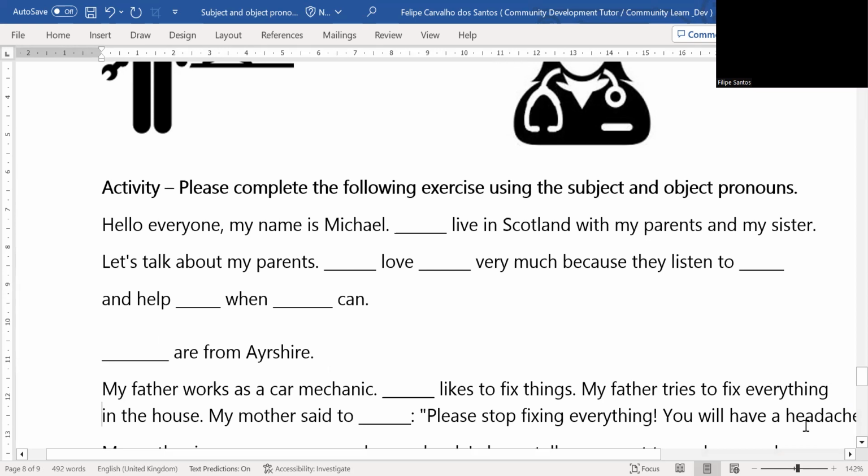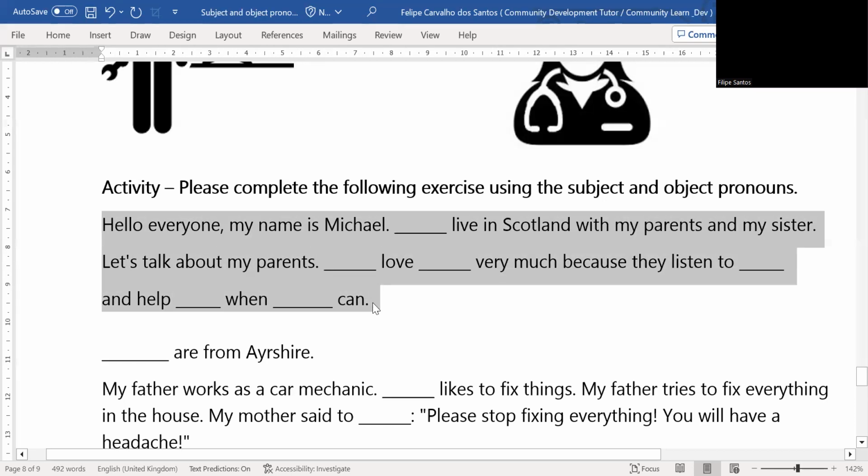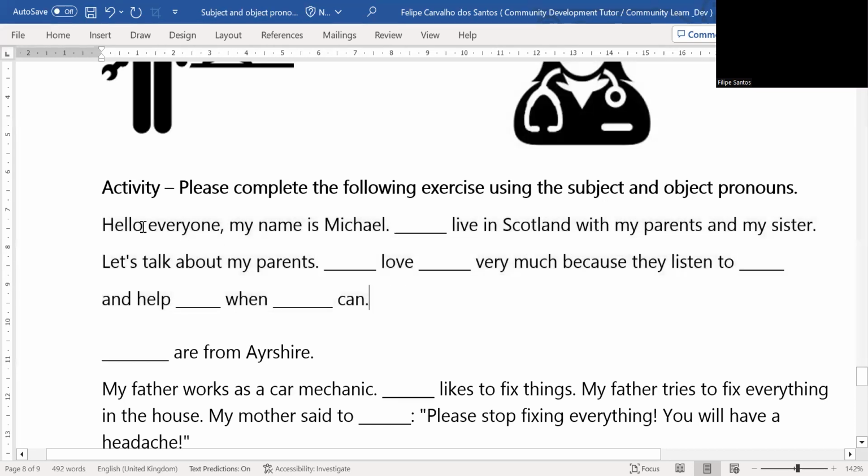I would like you to complete the gaps. Okay, complete these gaps with the object pronouns, okay, and the subject pronouns, subject and object. And try it yourself, pause the video, try it yourself first to do this.